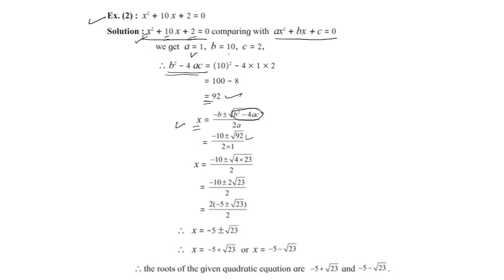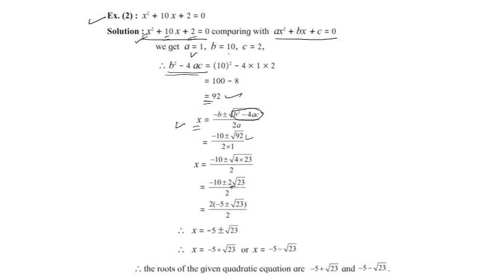So minus 10 plus minus, we factorize this term 92 as 4 into 23. In the first example, we got directly the root of 144 as 12. Here we can't find the root of 92, so we factorize it as 4 into 23. Now the root of 4 is 2.